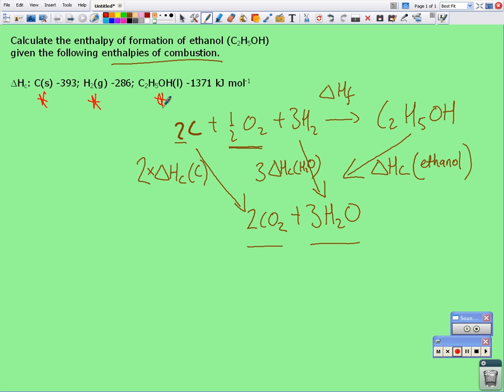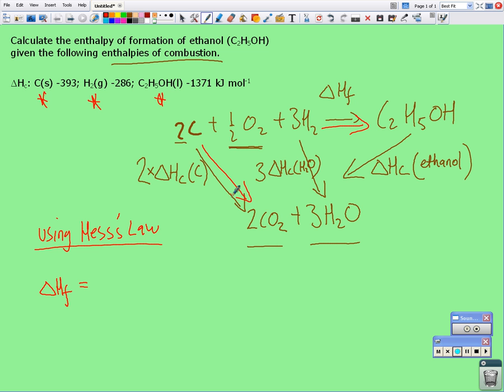So using Hess's law, let's give him a bit of credit. He did come up with this, so it's nice to quote him. Using Hess's law, the enthalpy change of formation, the one we're trying to find here, is equal to this.